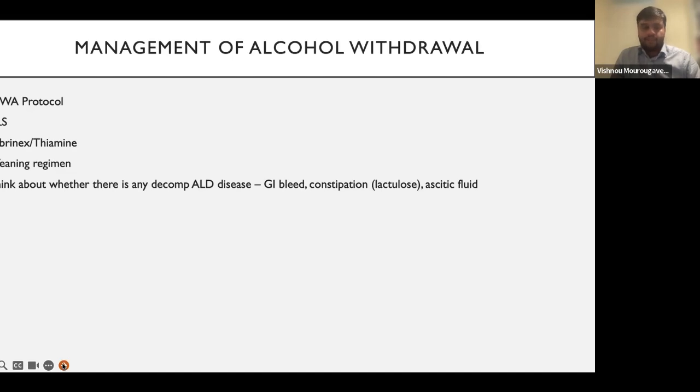If there's any evidence of decompensated liver disease, GI bleeds, constipation, etc., you're going to say you'll do the care bundle, look for signs of infection, sepsis, and you would definitely move them to majors. And if they're really unwell, a bit further higher up, because liver patients tend to be quite unwell. So the idea of where this patient goes is quite important. And then you will just say that you'll reel off a non-invasive liver screen.